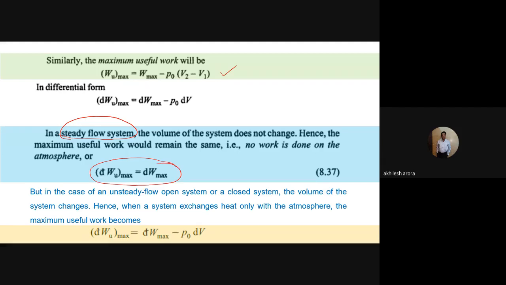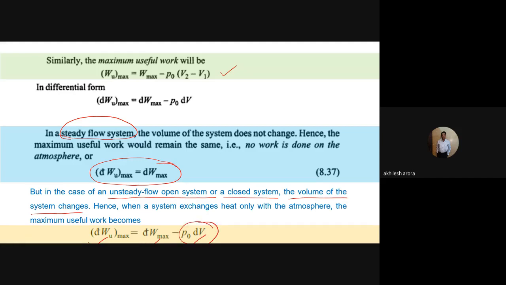And if we have an unsteady flow open system or a closed system, closed system I have already talked about, but if I have an unsteady flow open system in which the volume of the system changes, means there is some part of the boundary where the system volume can change, then in that particular case also, the maximum useful work will be equal to the maximum work minus the work done against the atmosphere.